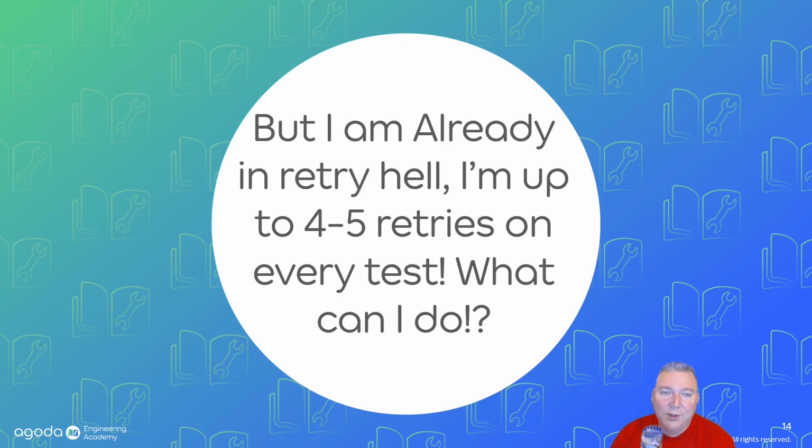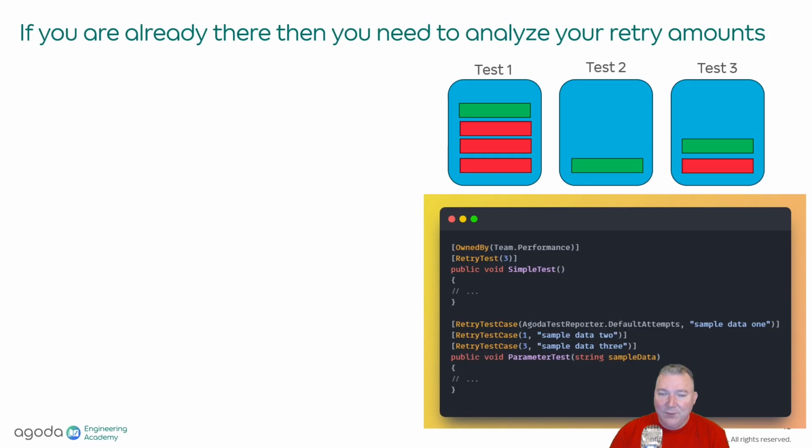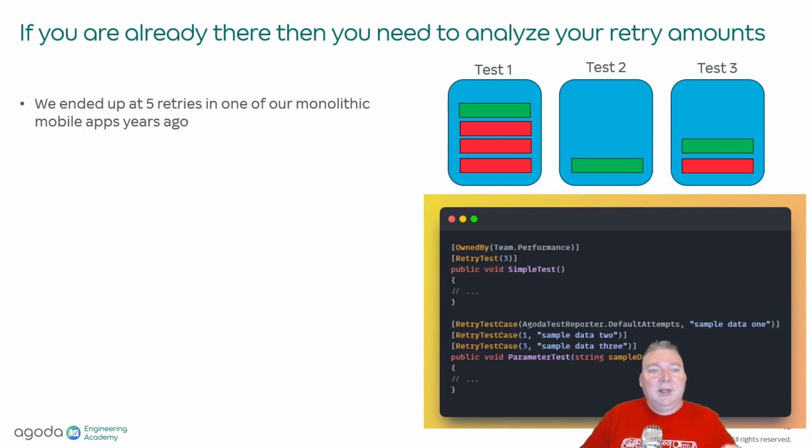But what if you're already in retry hell and you're up to 4 or 5 retries on every test? What can you do about it? Don't worry, I've been here before. There was a large monolithic application that I worked on years ago where we had this problem. We got up to like 4 or 5 retries and we got out of it.